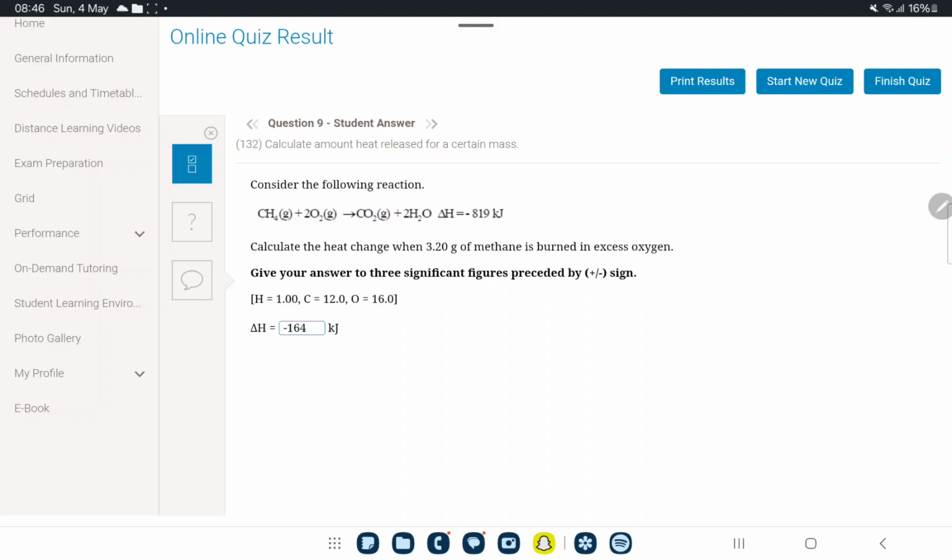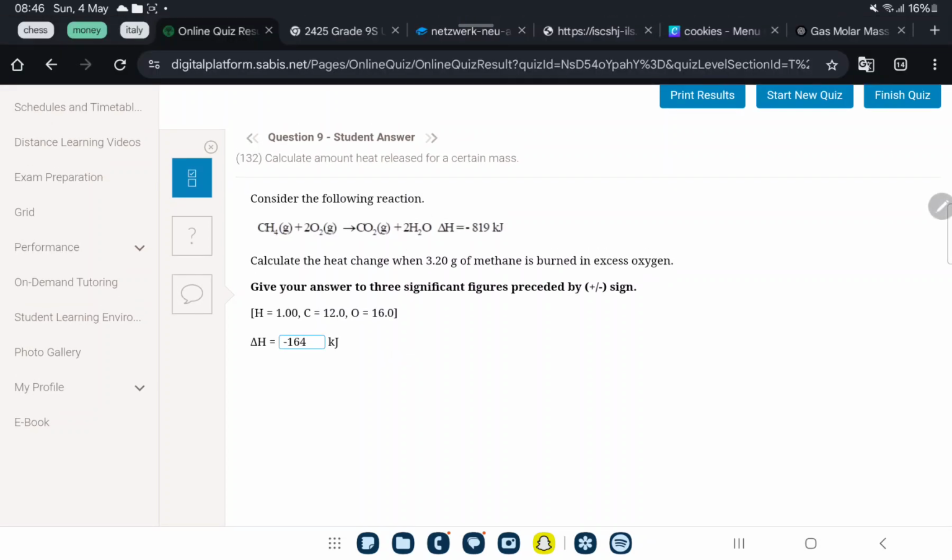Here we're doing RRGR again this week. So for 1 mole of CH4, it produces minus 819 kilojoules, where here they want it in grams, so you're going to do the whole thing in grams.